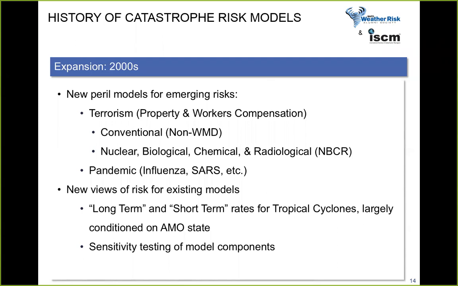And besides these different views for climate conditions, they introduced other ways to sensitivity test models on the hazard itself and also the vulnerability components, which I'll talk about here in a little bit.